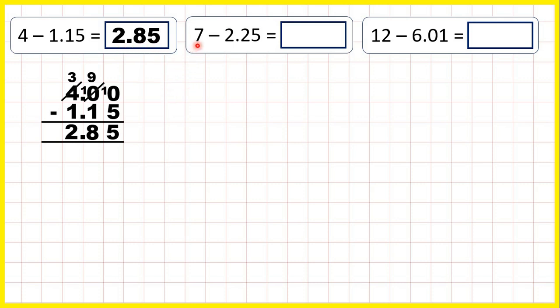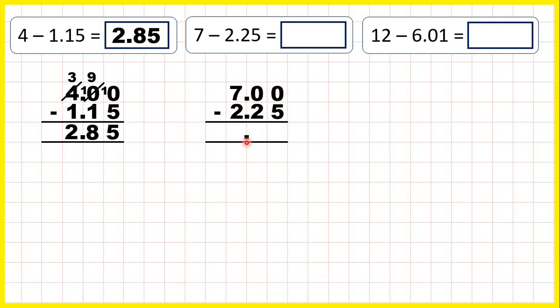Next, we have 7 minus 2.25. So we've written the 2 ones from 2.25 directly underneath the 7 ones that we're subtracting from. Now 7 is the same as 7.00.